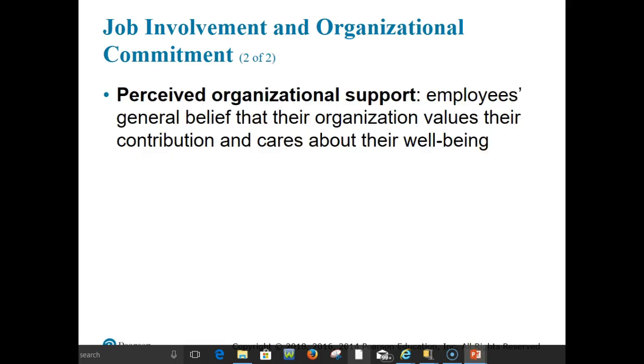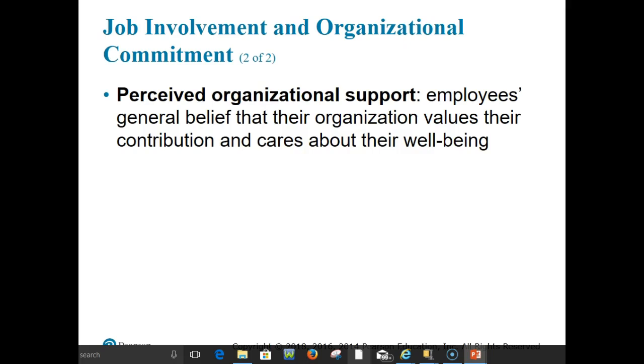Now, although the commitment of an employee to an organization may not be as important as it once was, research about perceived organizational support, employees' general belief that their organization values their contributions and cares about their well-being, shows that the commitment of the organization to the employee can be beneficial.